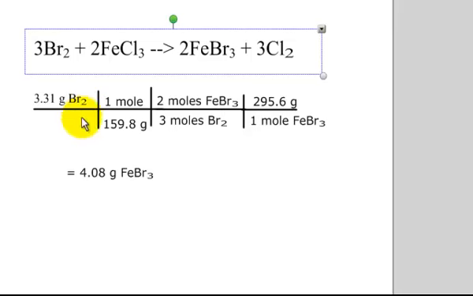The first step is to take the grams of the given and convert it into moles. Note the 159.8 grams. That's how many grams are in 1 mole. Check the periodic table. Now these numbers here are the same as these numbers here, the coefficients in the balanced chemical equation.